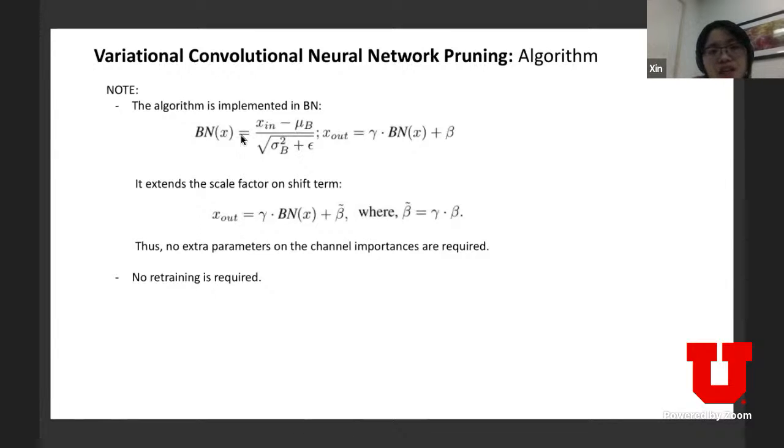In batch normalization, for the output it will multiply gamma and add beta. So this gamma can be regarded as a scaling factor. The paper used gamma as the scaling factor. Actually, gamma and beta are also trainable in PyTorch or TensorFlow, so it reuses gamma as a scaling factor instead of introducing a new parameter.